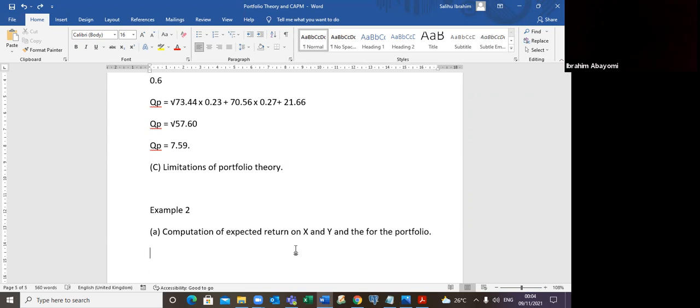So, expected return on X, you got it right. I just want us to do it because we are still going to need it. What you did is perfectly okay.